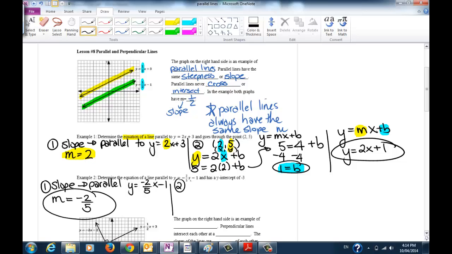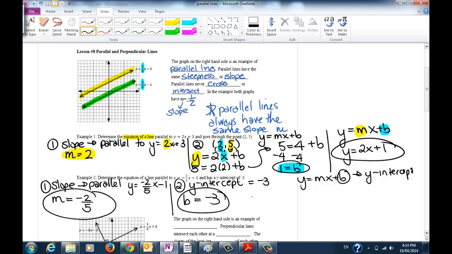The second thing it tells me is there's a y-intercept, which is equal to negative 3. Well, remember in y equals mx plus b, b is our y-intercept. So they've been nice enough to just give us b equals negative 3. Alright, well that's great news because I already know that m is negative 2/5.